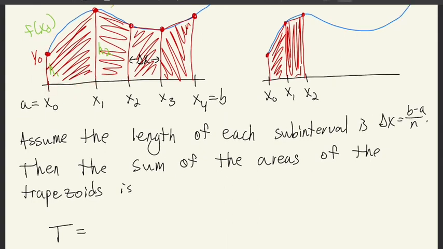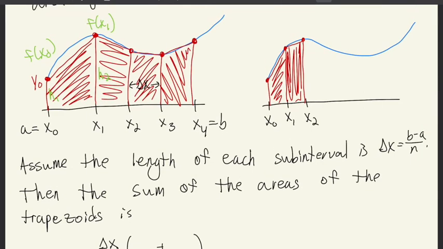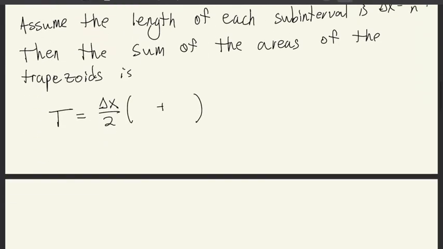All right, so we look at the first trapezoid. Well, we have this delta x distance there, so let's go ahead and get that distance. That's delta x over 2. Then we have h1 plus h2. Well, h1 is this height, which we said was f of x0, and h2 is this height, which we said was f of x1. So it's f of x0 plus f of x1.